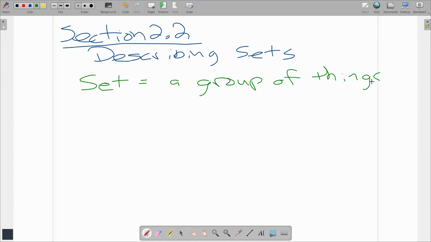We might say a set is a group of things. Okay. Sometimes when I look up a definition, I look at a word in that definition, and I'm like, what does that mean? So how would I define group? It's a group.